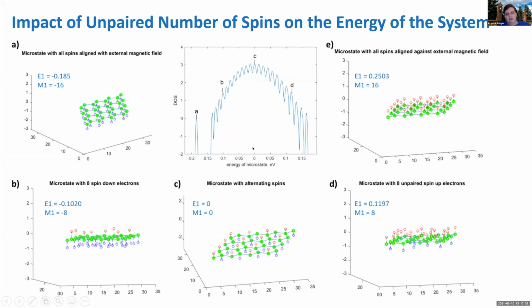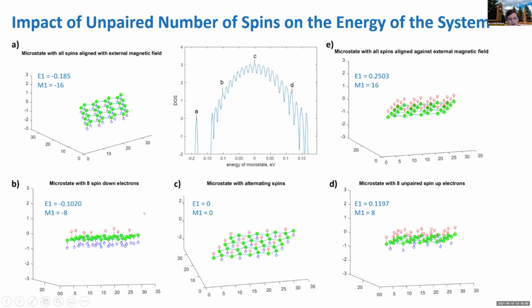This is because the Monte Carlo method doesn't exhibit all of the peaks. It only takes 20,000 random samples, so those states with very low probability of being picked, because there are very few microstates where the spins are the same, end up not being illustrated in this graph. So this one is actually up here. Likewise, when we have the microstate with 8 down spins, you can see that it is approximately halfway between all of them being down spin and half of them being down spin.